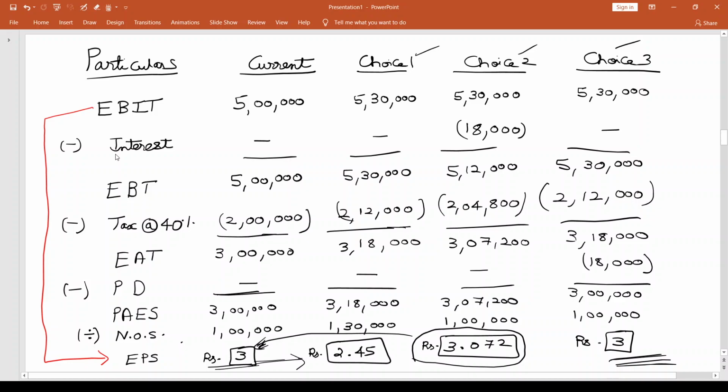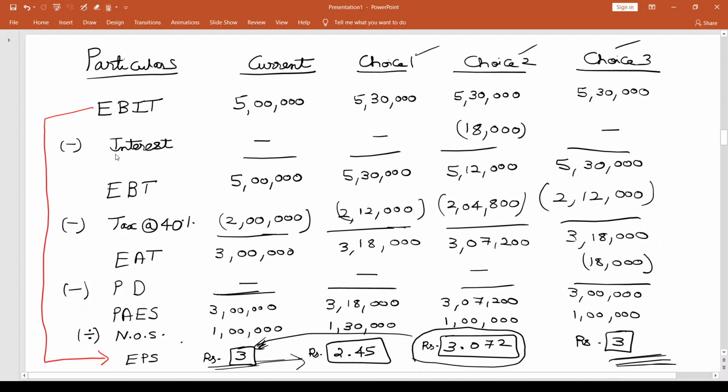In both choices, you have the same number towards the financing cost. But still choice 2 looks better than choice 3. We should understand why. When you have the same 18,000, why should one choice look better than the other choice? The simple answer to this question is, if you observe our calculations, when I do an EBIT to EPS analysis, I'm just drafting a part of the income statement.